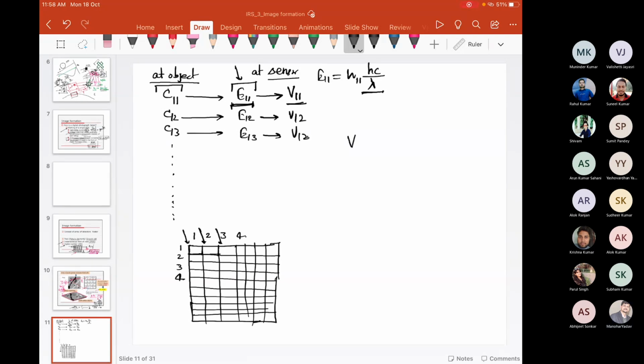So we can say that many voltage components are generated.